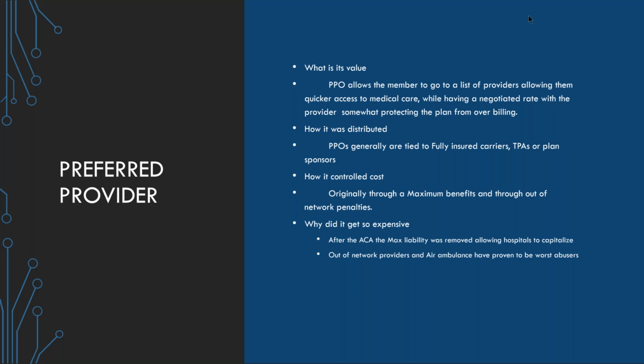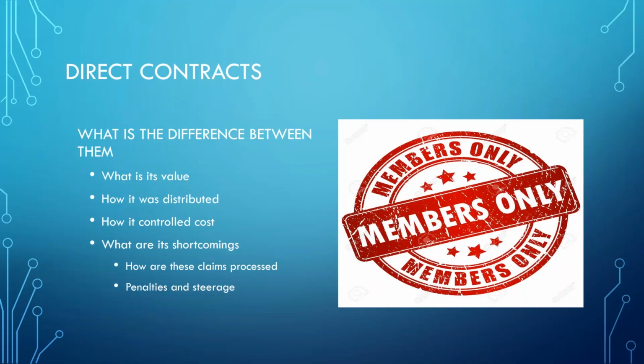Now, what are the other options that are out there in the market? Well, there's really two that are gaining traction. One is direct contracts. And a way to think of this is reducing the penetration of the PPO to extremely limited, to only the people you trust, but it is extremely geographically limited.